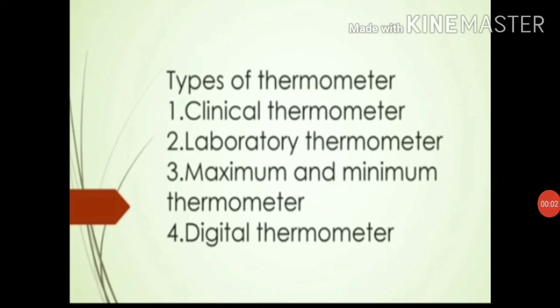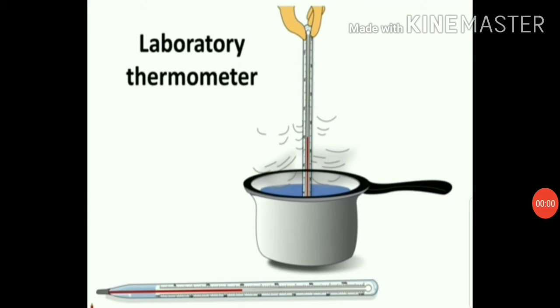So students, we have finished the clinical thermometer. Now let's start the laboratory thermometer. The laboratory thermometer commonly used in a laboratory consists of a fine narrow glass tube. This tube has a small thin bulb at its lower end.